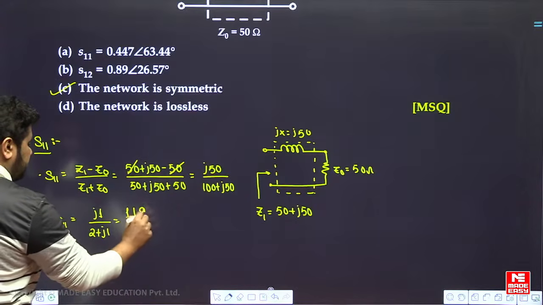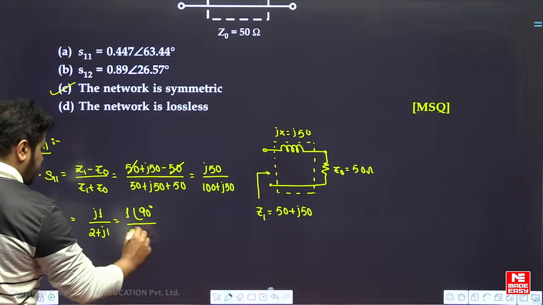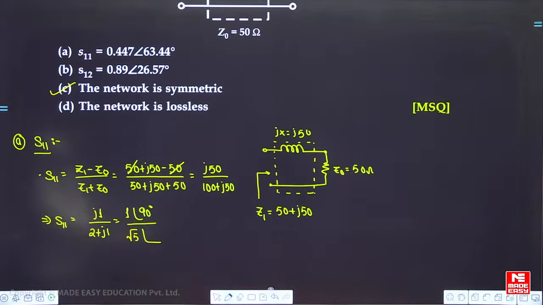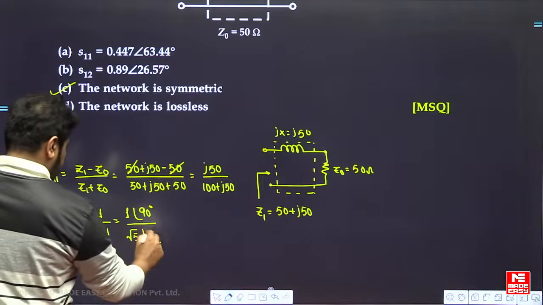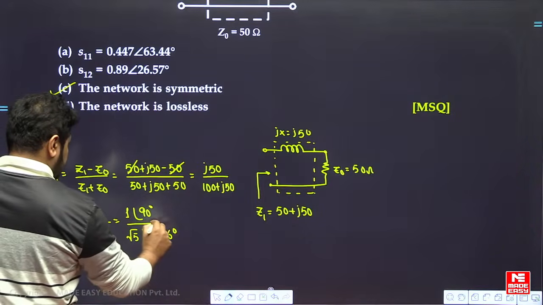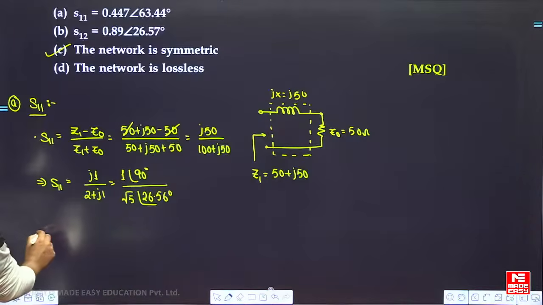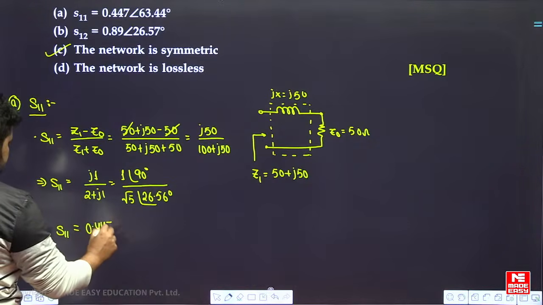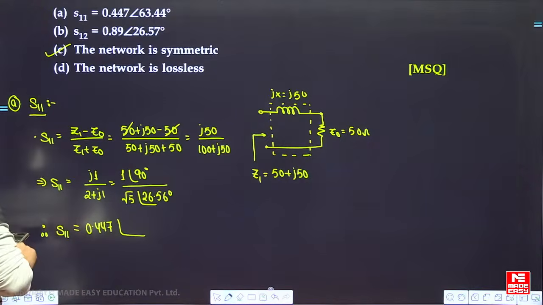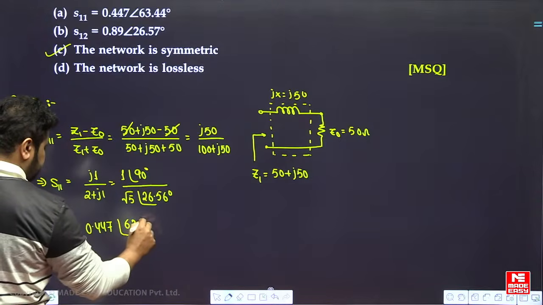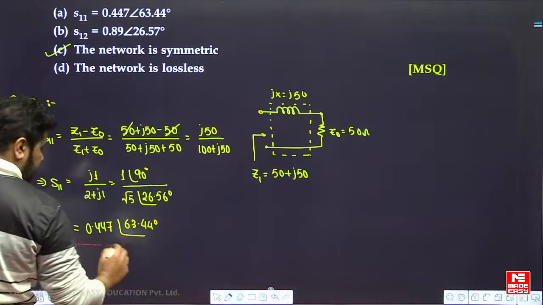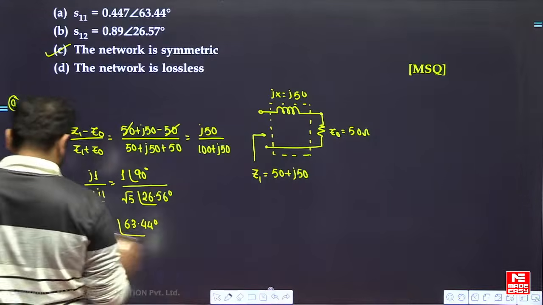The numerator is 1 at an angle of 90 degrees, and the denominator is root 5 at an angle of tan inverse of half, that is tan inverse 0.5, which is 26.56 degrees. So S11 is 1 divided by root 5, that is 0.447, at an angle of 90 minus 26.56, which is 63.44 degrees.